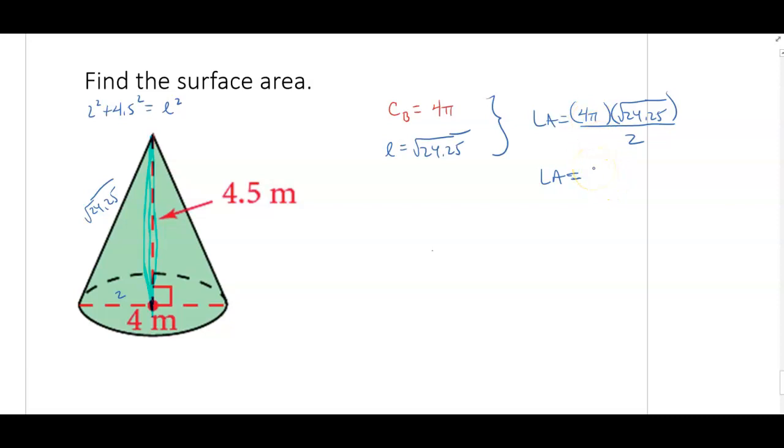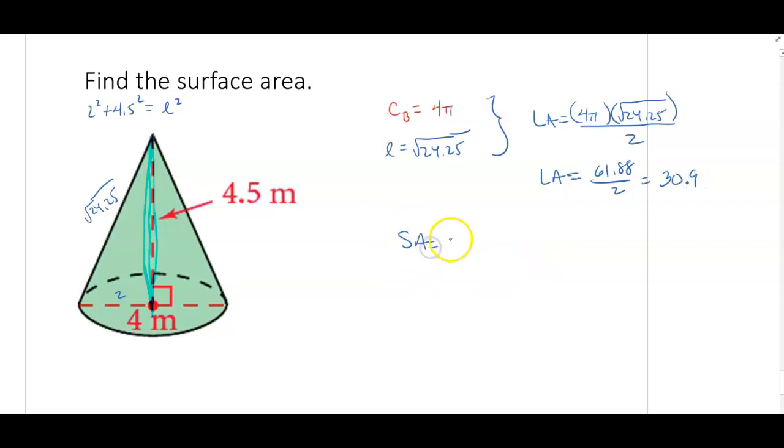So I'm going to plug that in the calculator exactly the way I see it: 4 times pi times the square root of 24.25. That gives you approximately 61.88. And when I divide that by 2, you end up getting a lateral area of about 30.9.